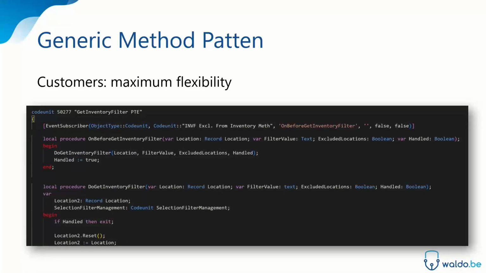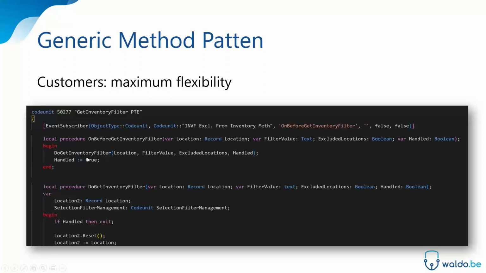This is just one of the examples that I had to do recently. We had a method that was called get inventory filter. It was just going to create a filter, nothing special. But for this customer, our product way of doing that didn't make any sense. So we need to be able to decouple this method and provide a new way to create a filter.